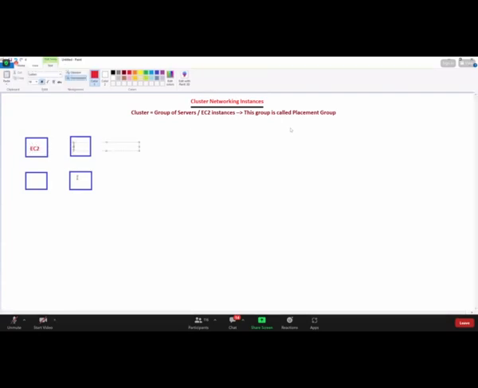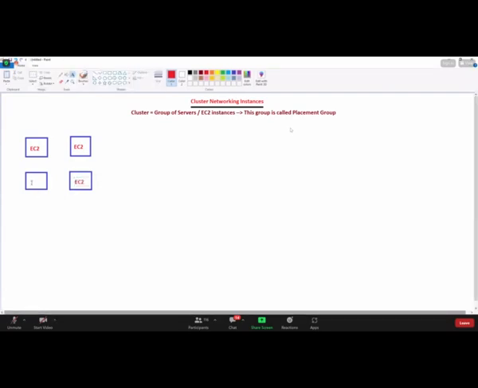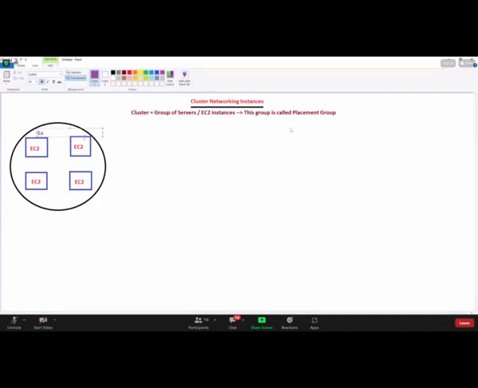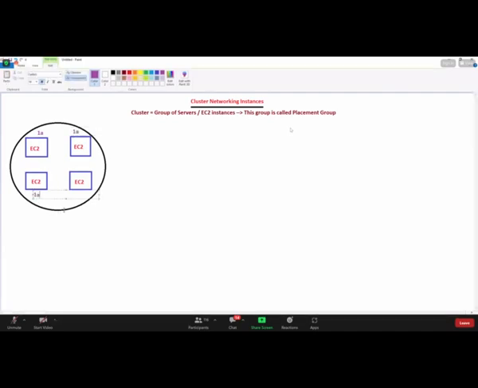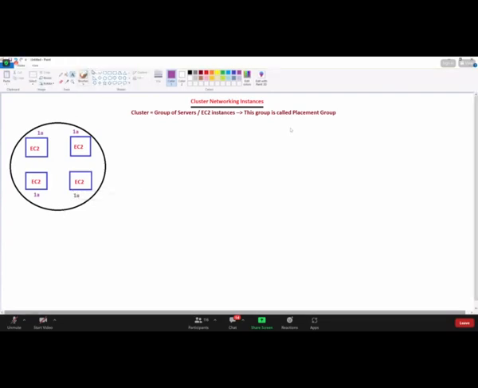These 4 EC2 instances, obviously, are in AWS. And all of these are in availability zone 1A. All these can talk to each other. They are sitting in the same availability zone, same rack.